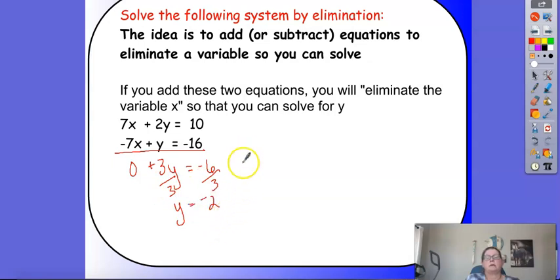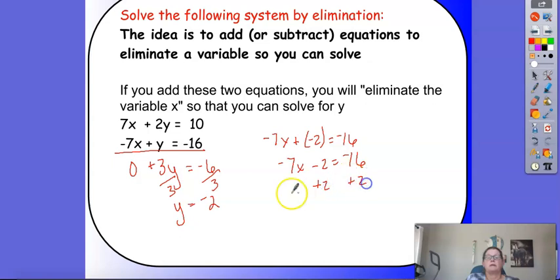Okay, then once I got the -2, then I'm going to substitute that in. Let's do it on the bottom one. 7x, but y is now a -2. Minus 2 is equal to -16. Okay, so two-step problem. I'm going to add 2 to both sides. Those become 0.